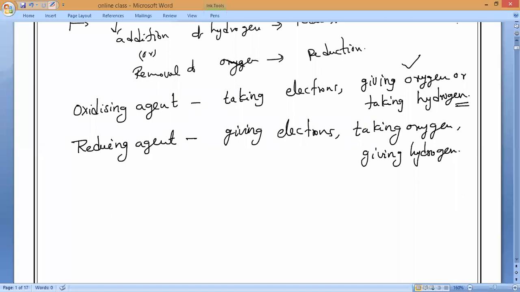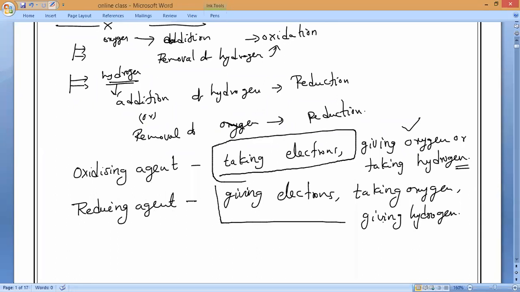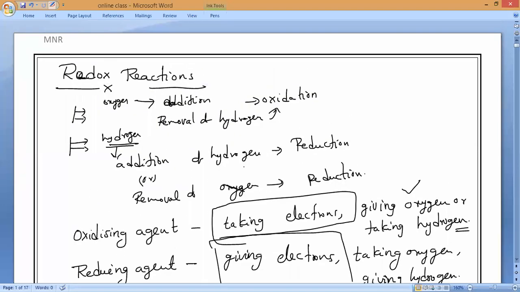In the last class, we studied oxidizing agent and reducing agent based on giving oxygen, taking hydrogen, taking oxygen and giving hydrogen. In today's class, based on taking electrons and giving electrons, we will study oxidizing and reducing agents, and also oxidation and reduction as donating and receiving electrons.